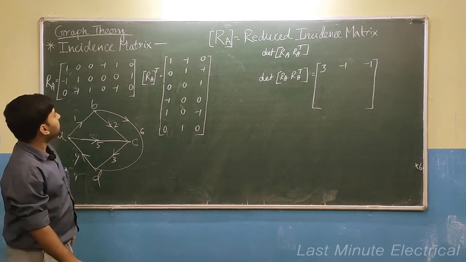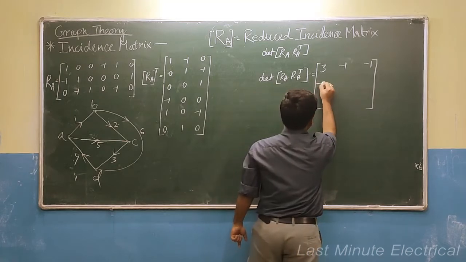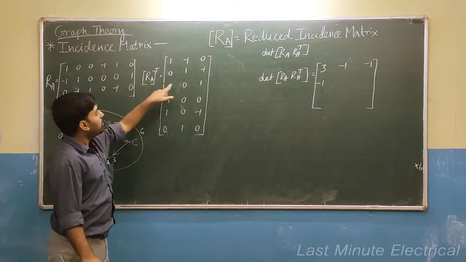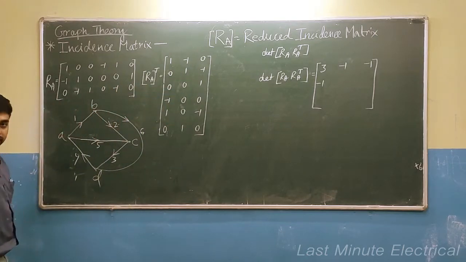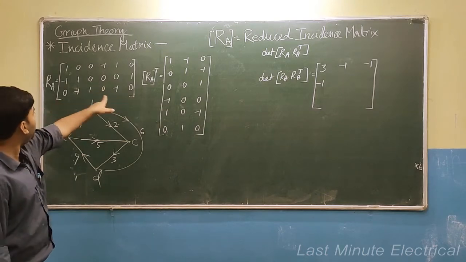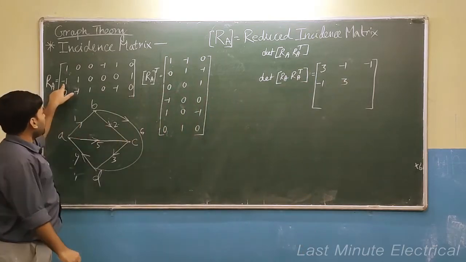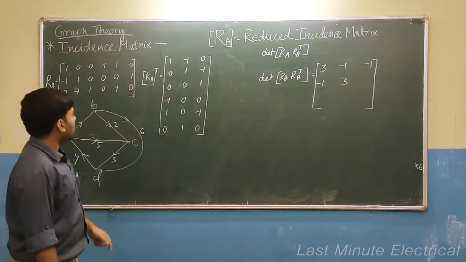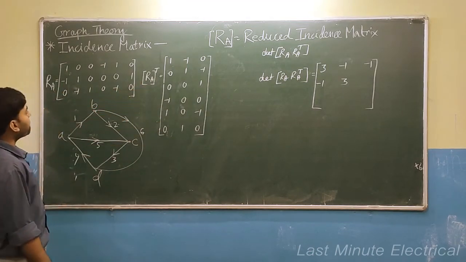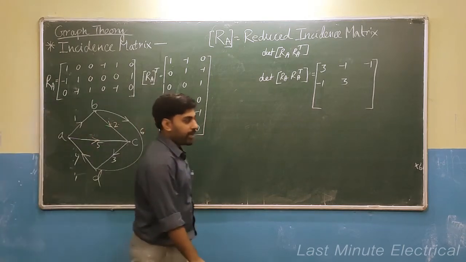How much will you get? I think it will be minus 1. Okay. Check it by yourself. Next, second row, second column. If you check it, it will be 3. Okay. Now, second row, third column, check it, it will be minus 1 again.